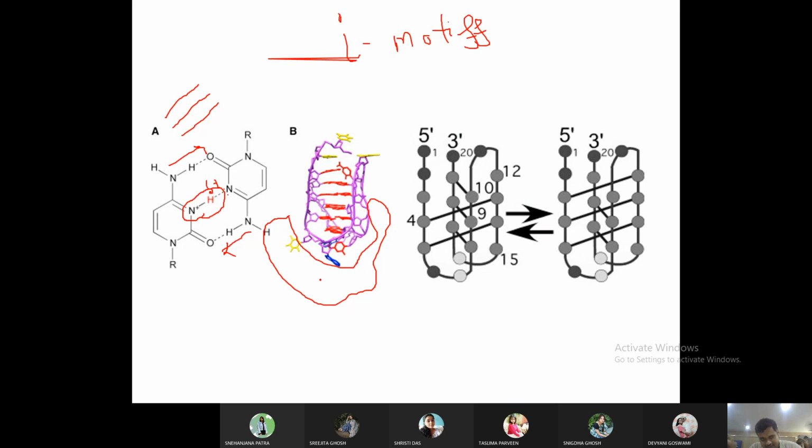If there is an i-motif, it will go and bind tightly, and this compound is attached to a fluorescent dye. Only when this compound is bound to the i-motif will the fluorescent dye, or I can say fluorescent lamp, turn on and emit fluorescent light. Okay?